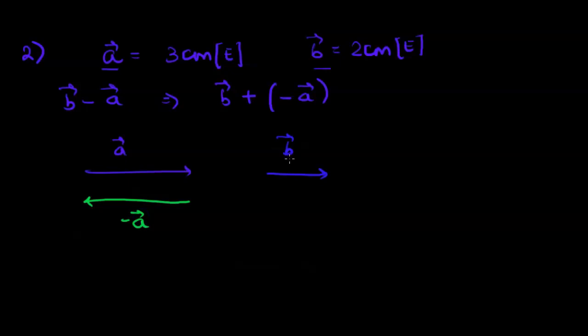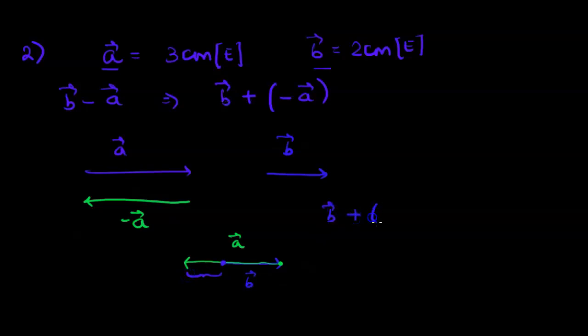Now we are adding to B, so we'll make B first, then the negative of A. The tail of negative A starts at the head of B and keeps going, crossing B, because the A vector is longer than the B vector. The start point of B was here, so our final magnitude will be from the start point to the stop point, and that's going to be this one. How do we find our final result?